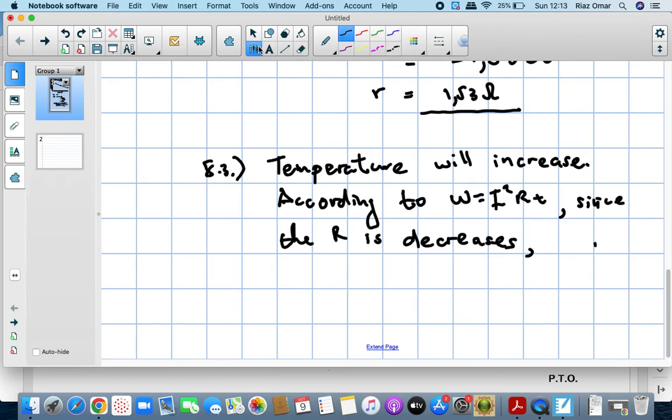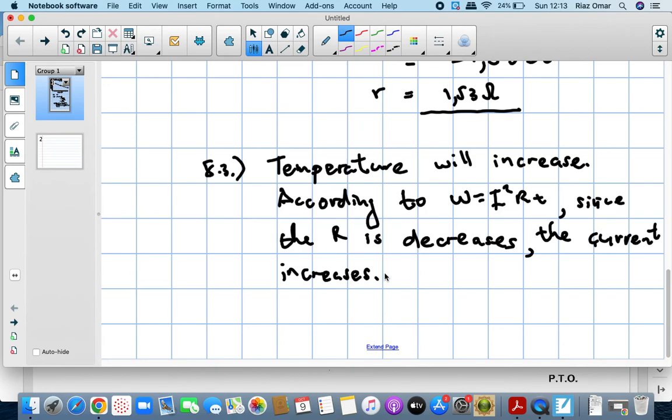Okay, so we can say the temperature will increase according to W equals I squared RT.